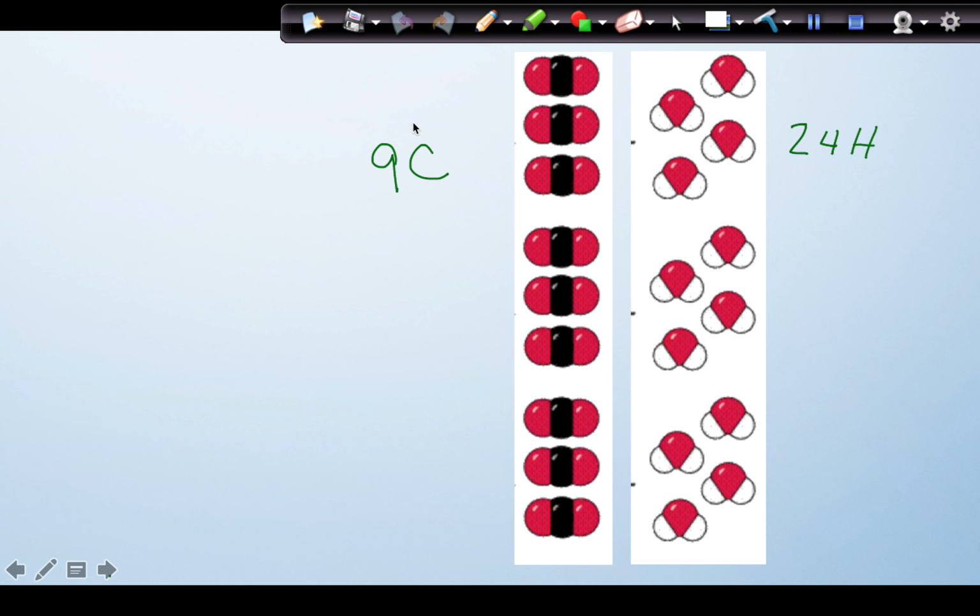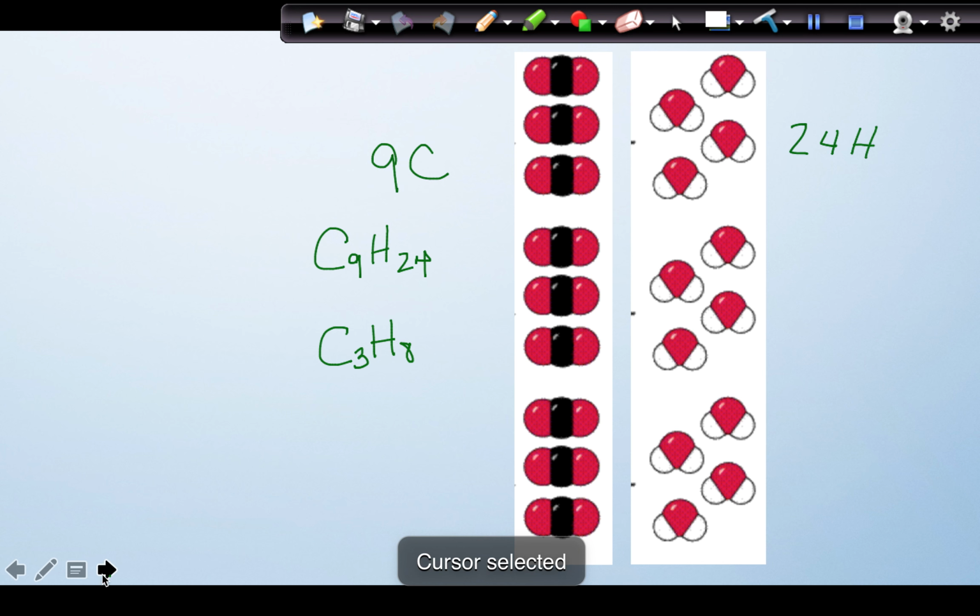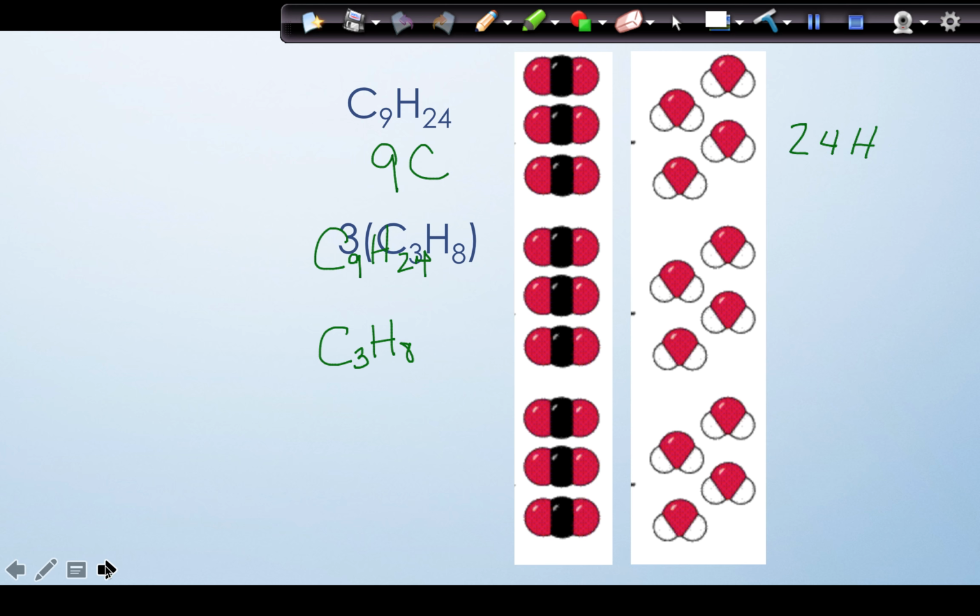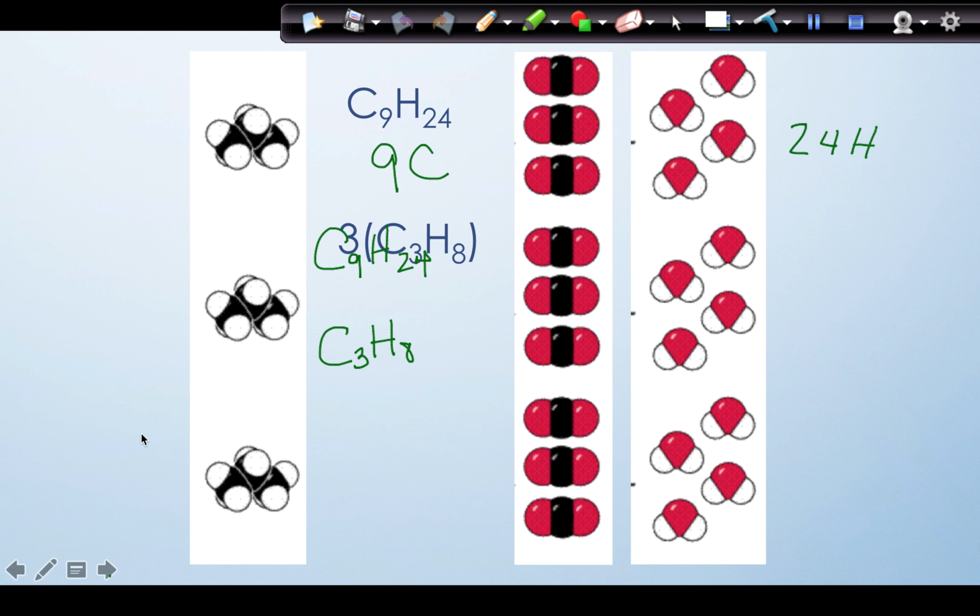So if I have 9 to 24 C to H, that's like saying C9H24. And if we reduce that, that makes the empirical formula C3H8. So C9H24 is like 3 times C3H8, and that's what we came from.